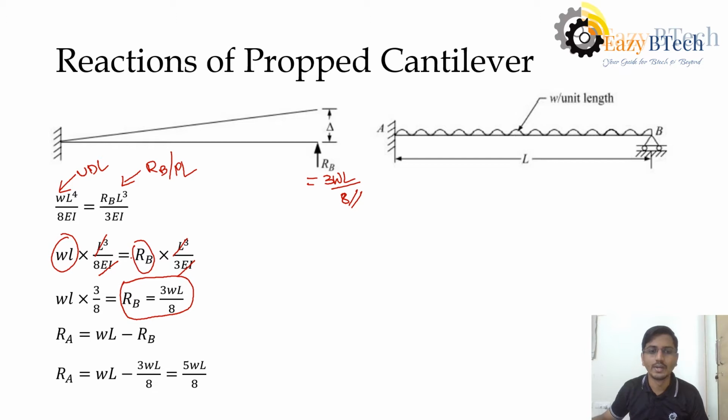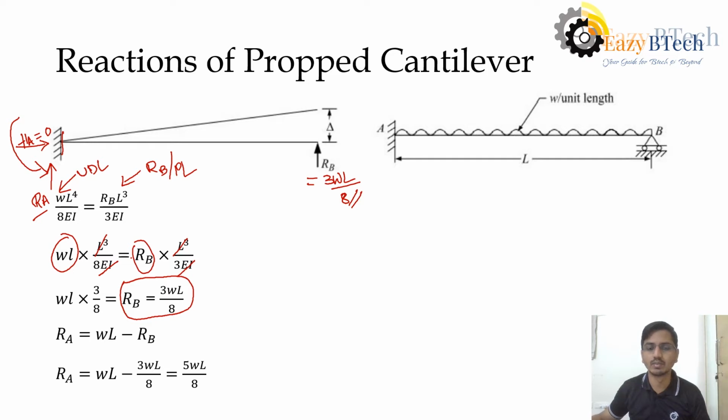Now, as the basic concept of structural analysis is to find out the reactions, we have found out this RB. We need to find out the reactions in horizontal direction, vertical direction, and the moment. Since there is no horizontal force acting and this end is fixed, the horizontal force will be assumed as 0. Now let us find out the reaction RA.